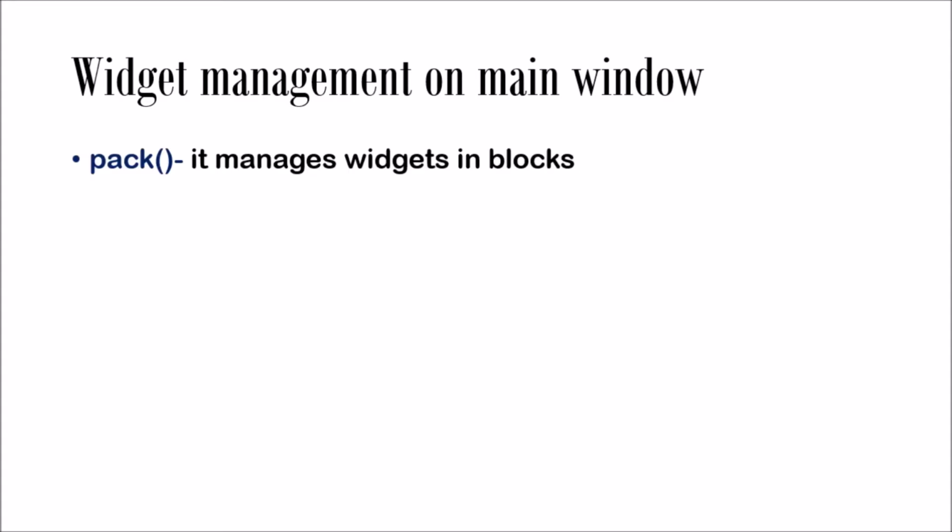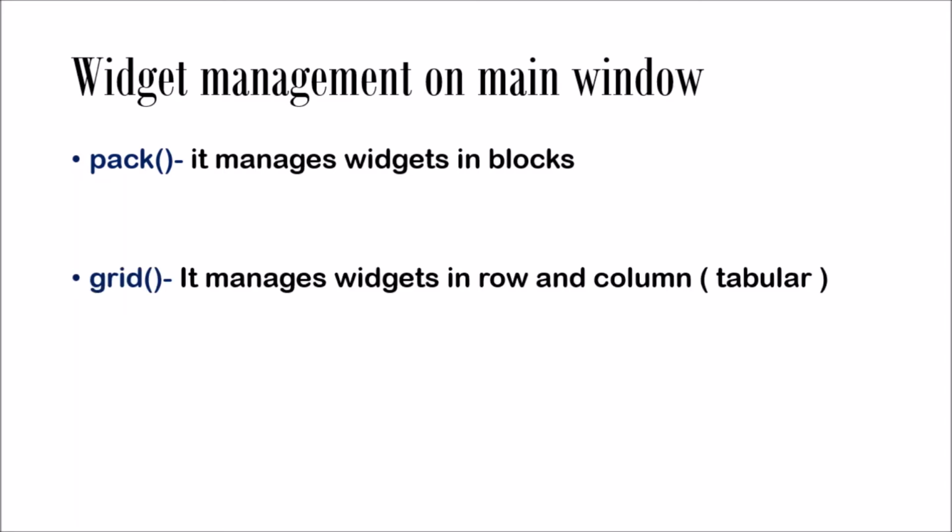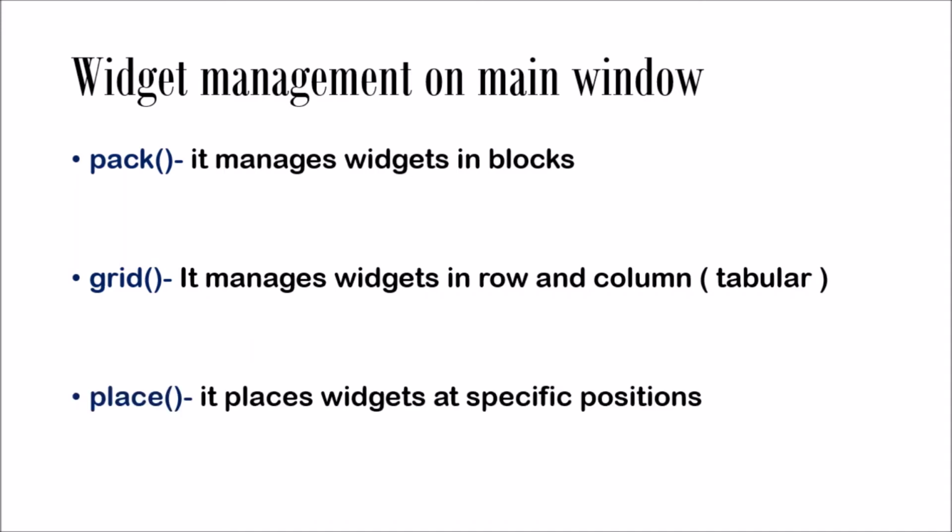The first method is pack. The pack method will manage the widgets in blocks. You must use at least one out of the three. The second is grid. Grid will manage the widgets in rows and columns. The third widget management method is place.